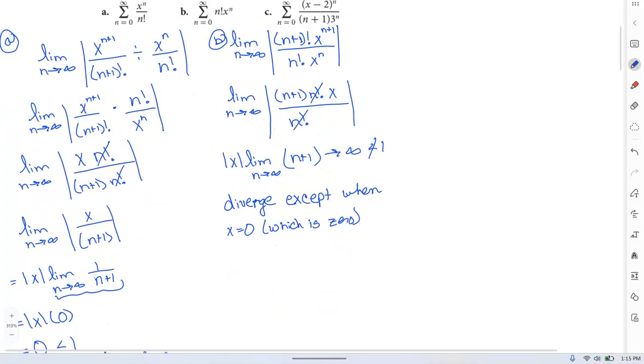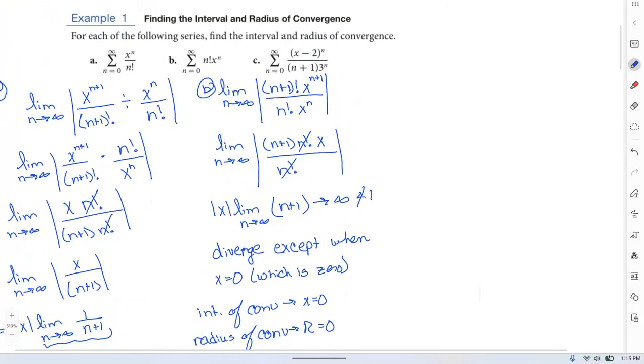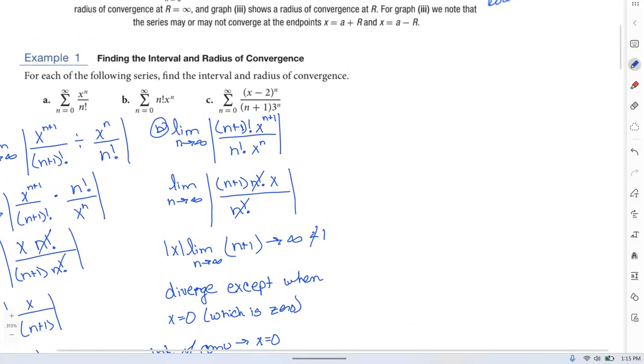So the interval of convergence in this case is just the single value x equals 0. And the radius of convergence, we would say, is 0, because there's no distance between where it's converging and that outside bound, because it's converging only at that single point.